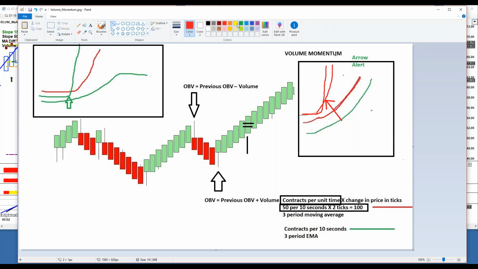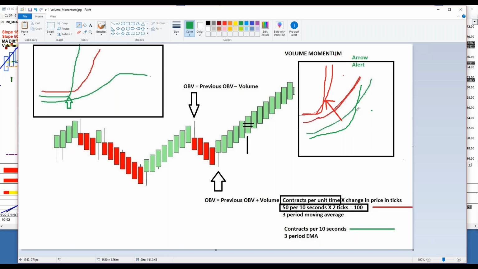Now, volume doesn't have to look like that. Volume could look like this. And you can go like that. I mean, when the institutions come in, we'd like to see volume get driven up.